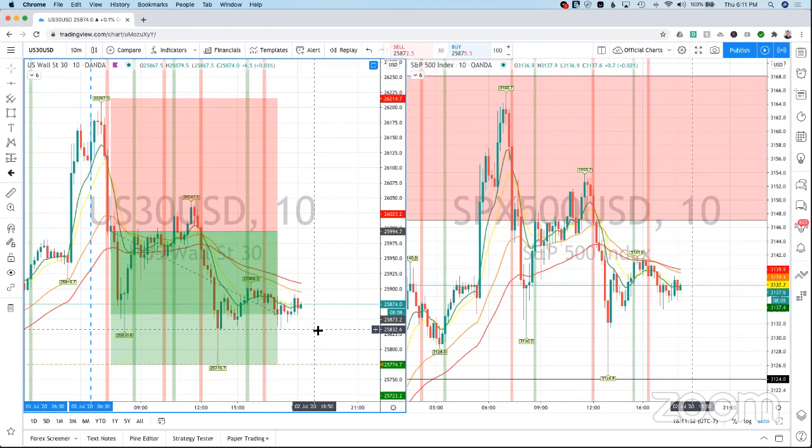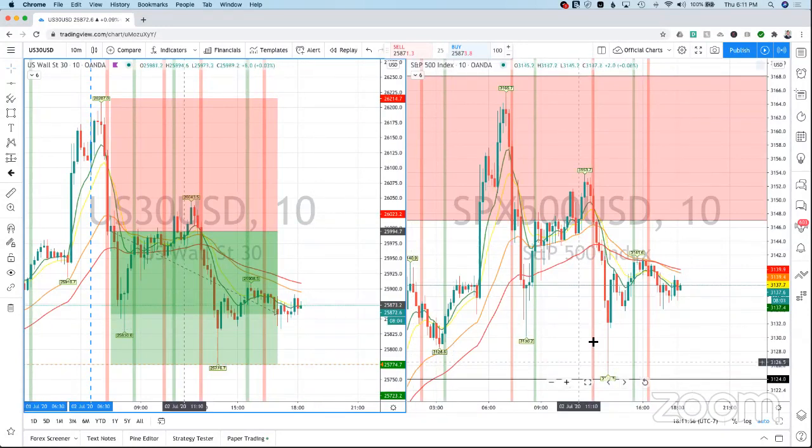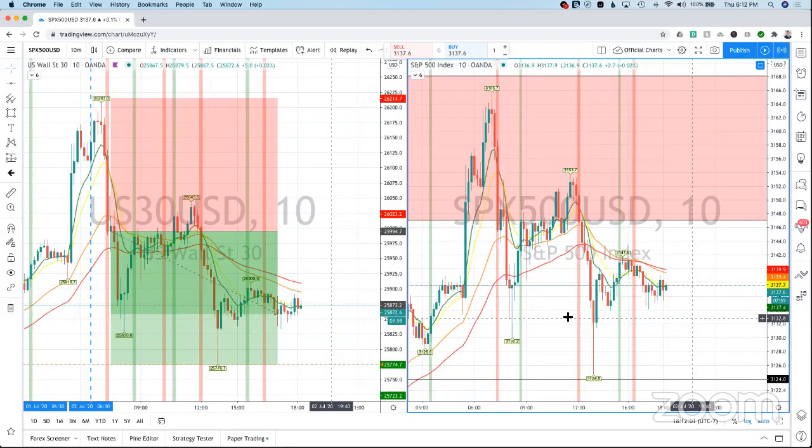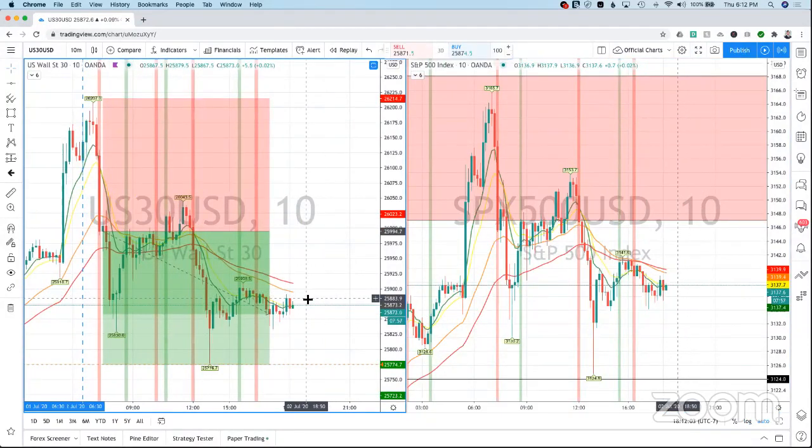We don't really know because the problem with the market right now is that since there's no volatility, price could really go either way. If a big trader wants to come in and push the market, like an institution or a market maker, they can literally push it up or they can push it down. It's really up to whoever has the power to move the market.